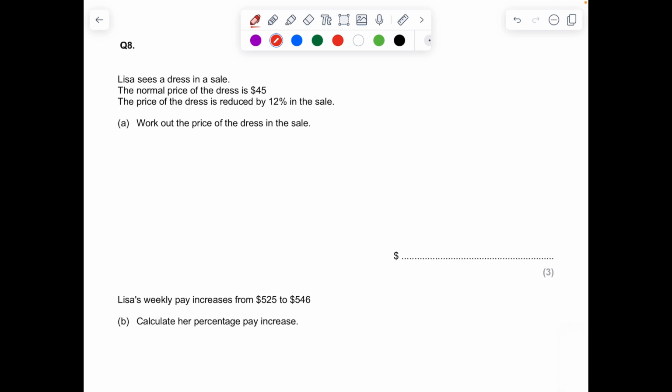So we want to work out the price of the dress in the sale. So it's a 12% reduction. So 100% take away 12% is 88%. And then turn that into a decimal, which is 0.88. So you should have done 45 times 0.88.